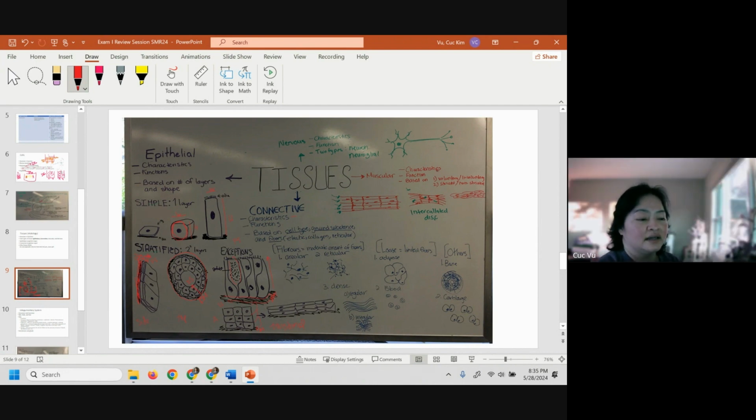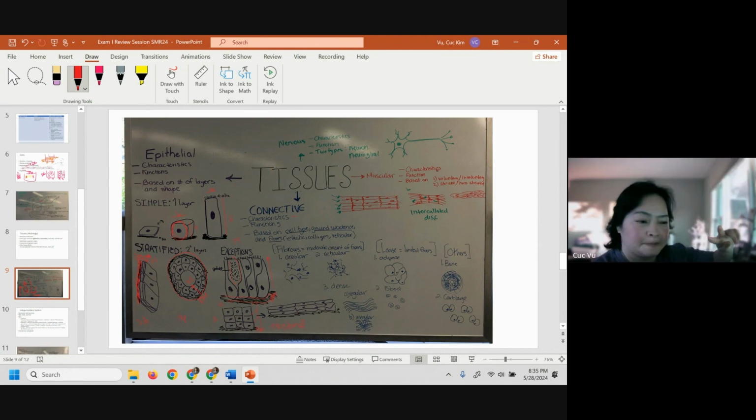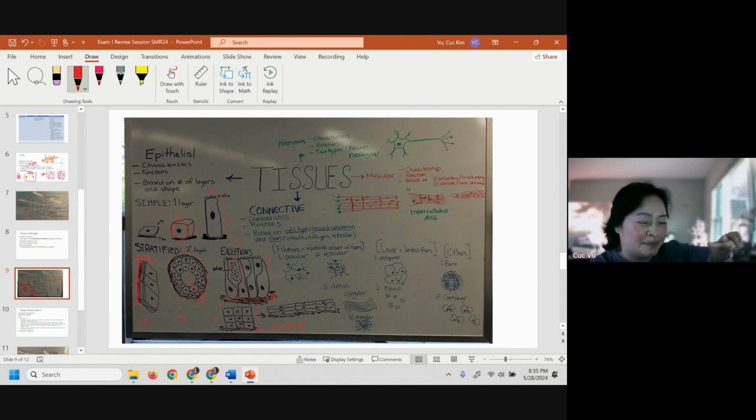So let's look at skin for an example. We say skin a lot, and sometimes we say it kind of incorrectly, because technically skin, or cutaneous membrane, is made up of two layers. What two layers? The epidermis and the dermis. There you go. Oftentimes, and I make that mistake too, I use the term skin when I really mean epidermis.